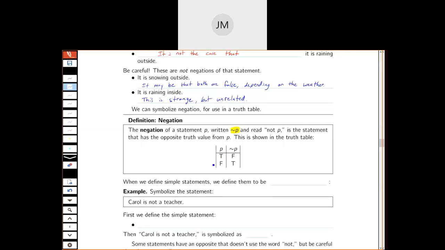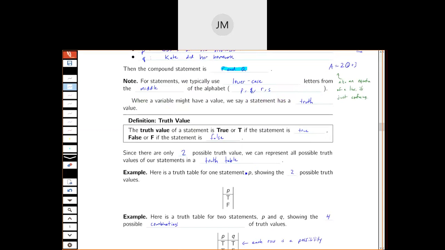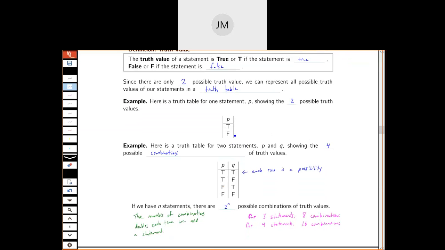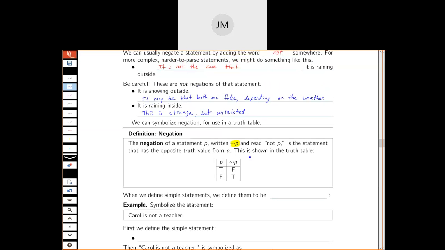Now, one of the things I want to connect back to, yesterday we said that when I take a simple statement, I have two truth values. If I add another simple statement, I double the number of rows in my truth table. I'll have 4. And here that didn't happen because I didn't add a new simple statement. Not P is not new.